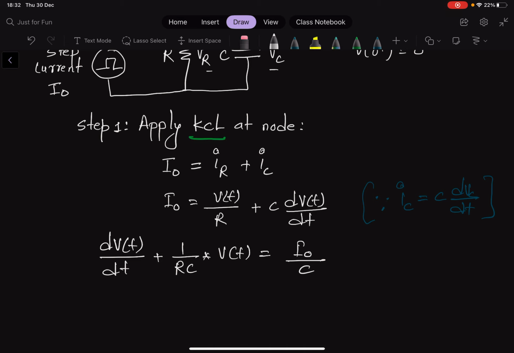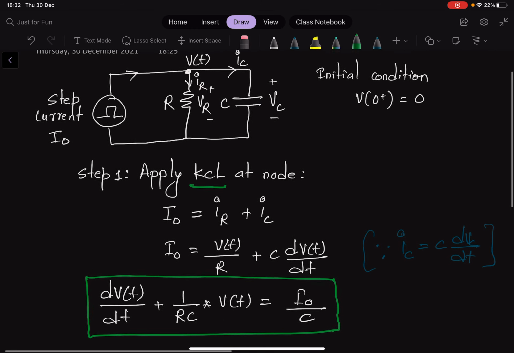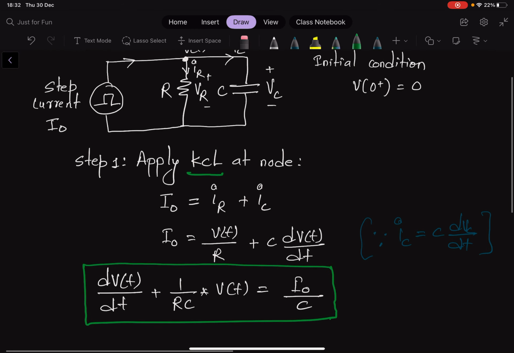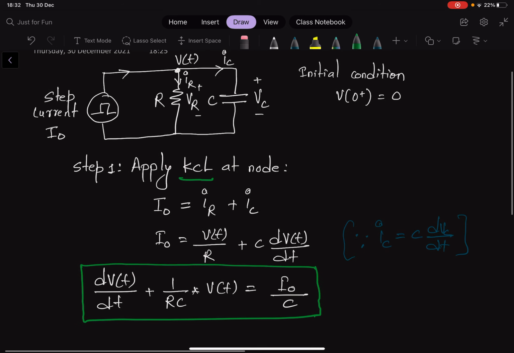Now this is our first order differential equation. This is another thing we need to keep in mind: if we are dealing with an RC circuit, we are always going to get a first order differential equation. If we are dealing with an RL circuit, again a first order differential equation. If we are dealing with an RLC circuit, then a second order differential equation.